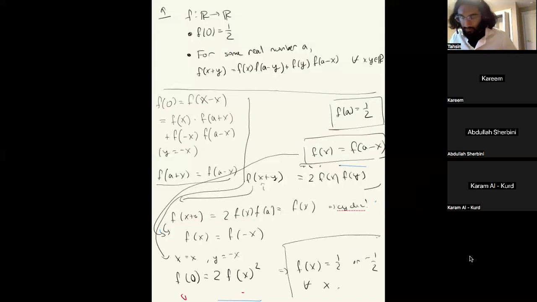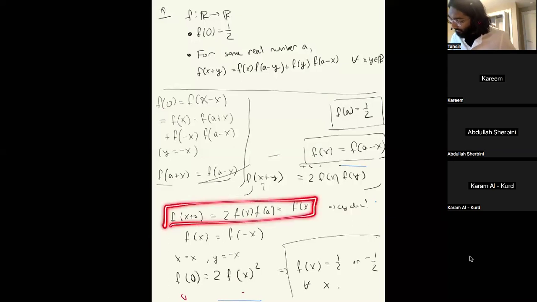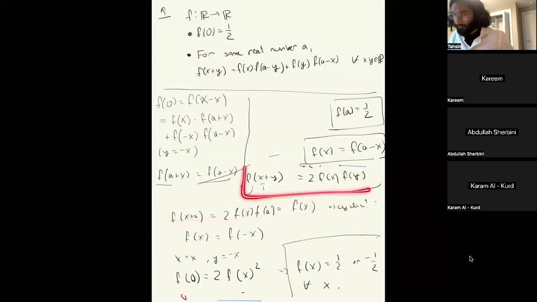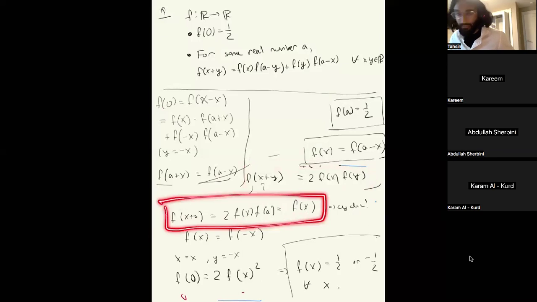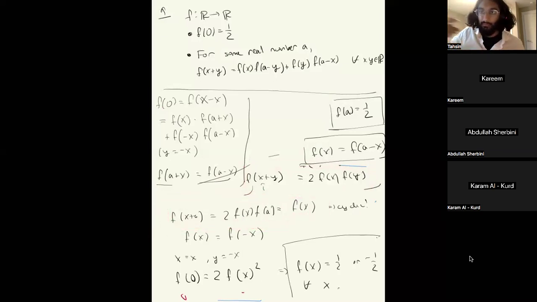So this one came from this equation. Maybe there are a lot of arrows, maybe I can delete these arrows. If you plug in y equals a, you get this, and that tells you that f is periodic. f of x plus a and f of x are the same. Does that make sense?